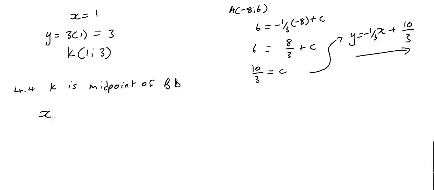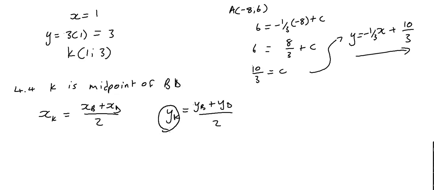We know that x of a midpoint, like for instance x of K, is equal to x of B plus x of D over 2. And then y of the midpoint, in this case our midpoint is K, is equal to y of B plus y of D over 2.